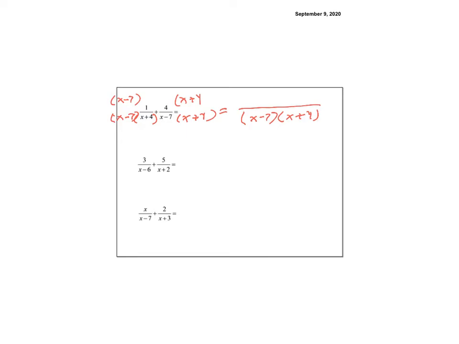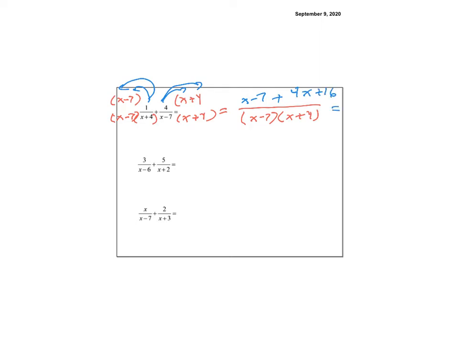Now I have to take 1 and distribute it through this. So I just get x minus 7, plus I distribute the 4 through, and I get 4x plus 16.